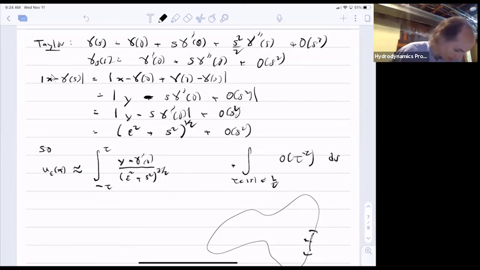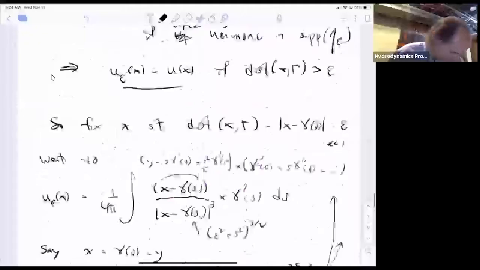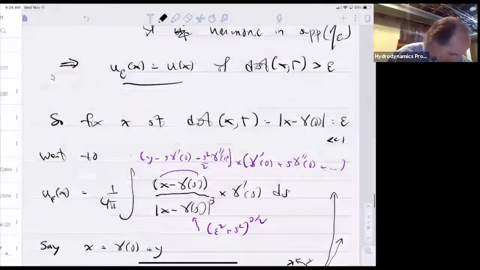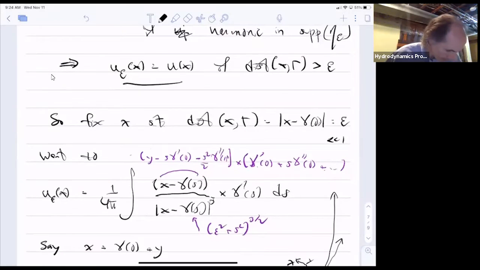One could do this more carefully. So that's the term involving this, the leading term. The next term involves this and this. The next term would involve this and that. That's 0. The next term might involve say y and this. That's odd with respect to s, and I'm integrating symmetrically around the origin, so that won't contribute.